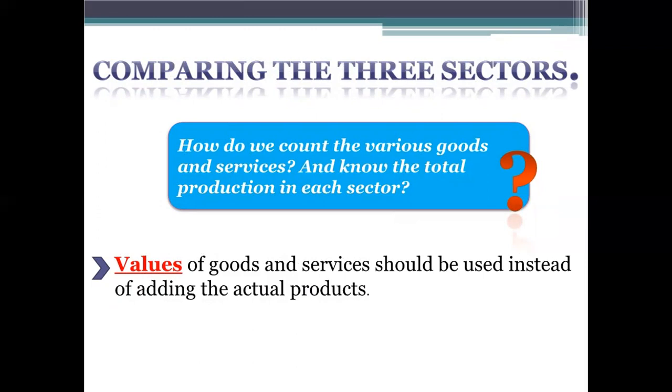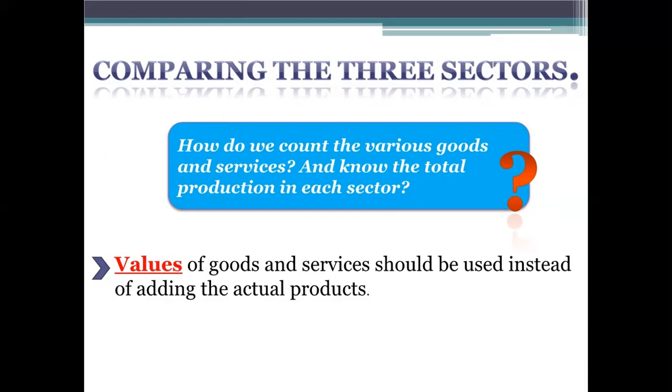All three sectors produce a large number of goods and services. But if you are to compare on the basis of how much they are producing, it wouldn't be a great idea. So the economists have suggested that we look at the values of the goods and services produced rather than the actual number.